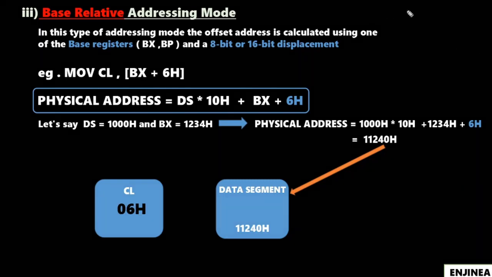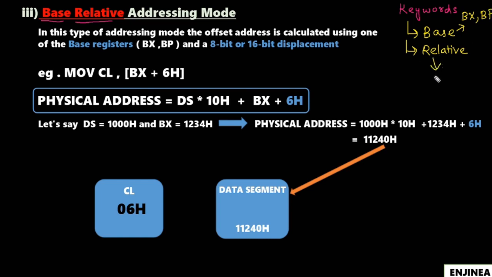So here again the keywords are base and relative. Base means the BX or BP register, and relative means the displacement.